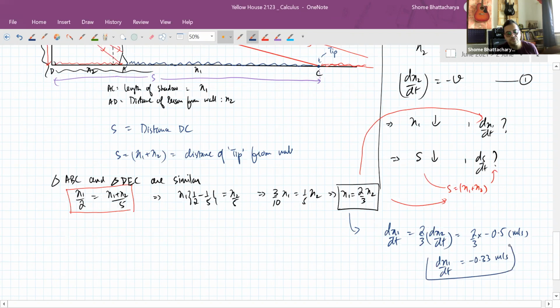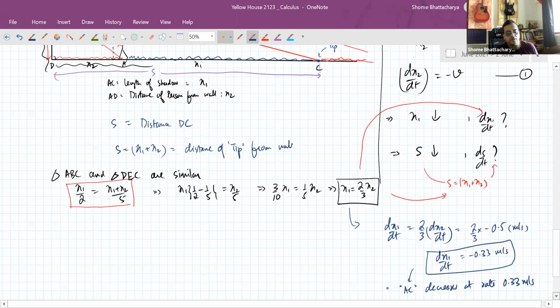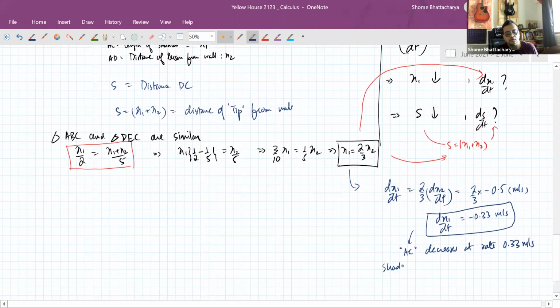So the information this equation gives us is that AC, that length, decreases at the rate of 0.33 meters per second. So the shadow length decreases at this rate.